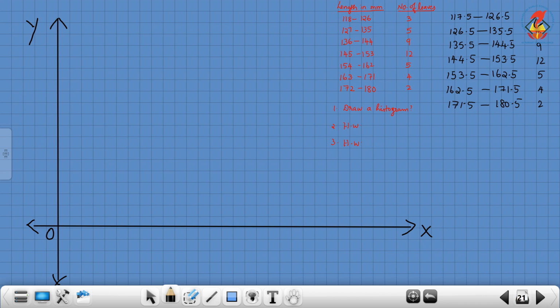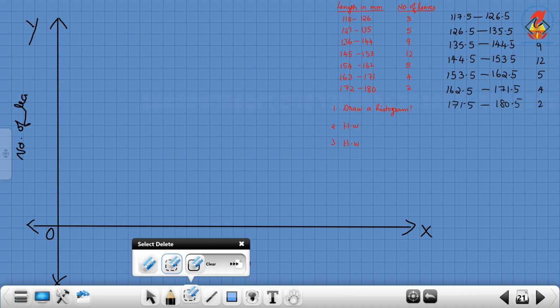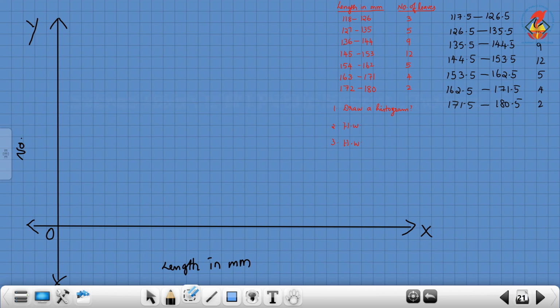Here the class interval is the length in millimeters. Next, the number of leaves on the y-axis.